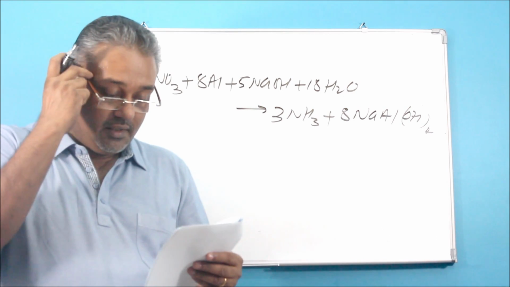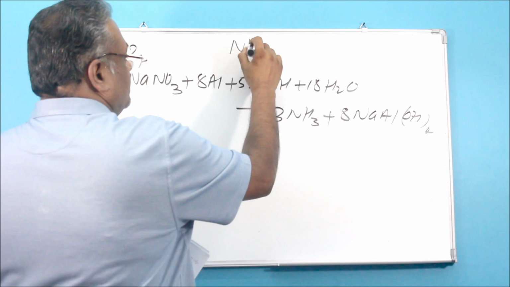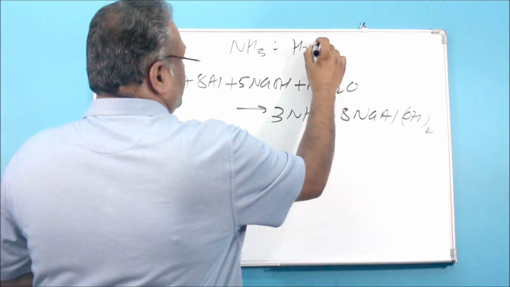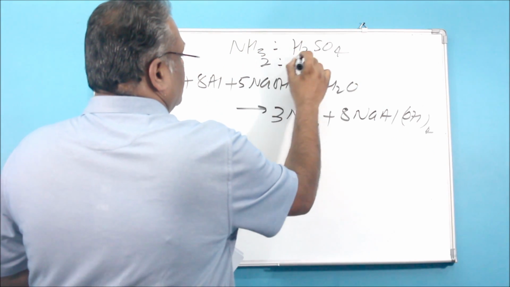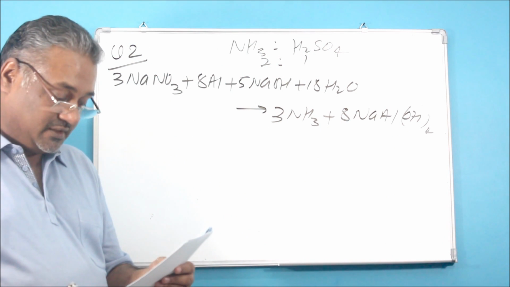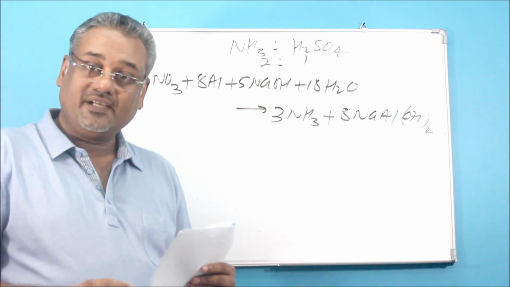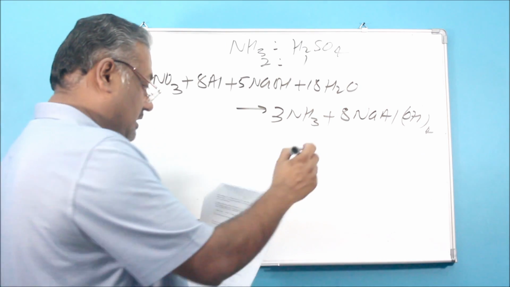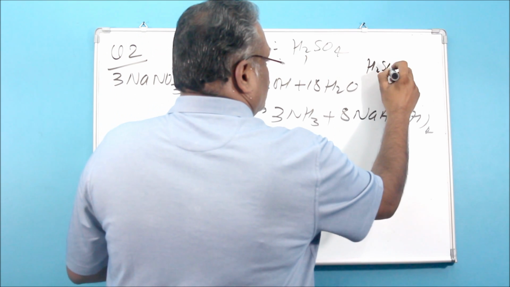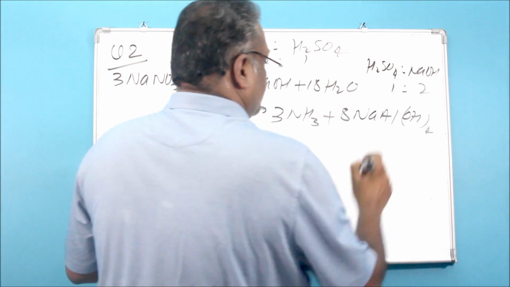If you look at the ratio between ammonia and H2SO4, it's 2:1, so we might be using it. The ratio between H2SO4 and NaOH is also mentioned as 1:2. So just keep a note of that.